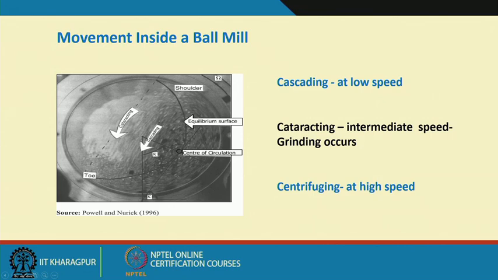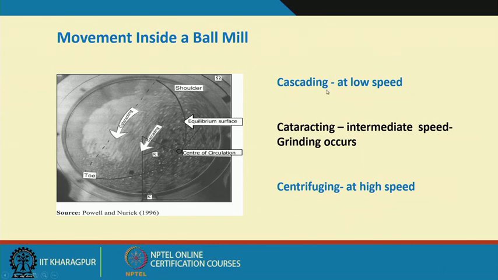This is the toe where the entire material falls, and this is the center of circulation. It has a near parabolic path, and this is the equilibrium surface where the forces acting on different particles are in equilibrium.